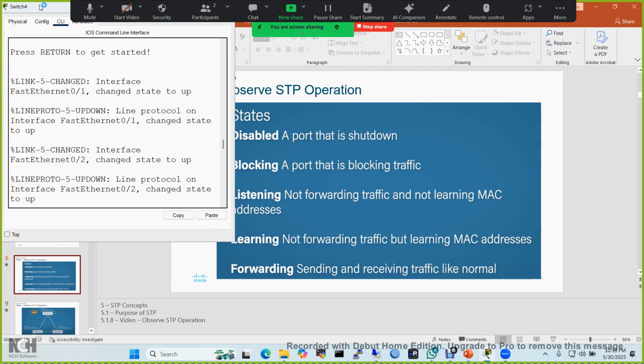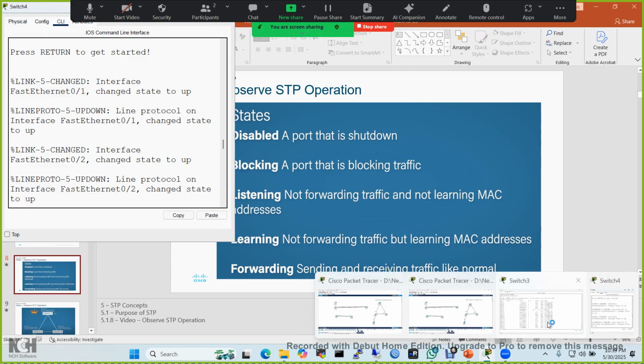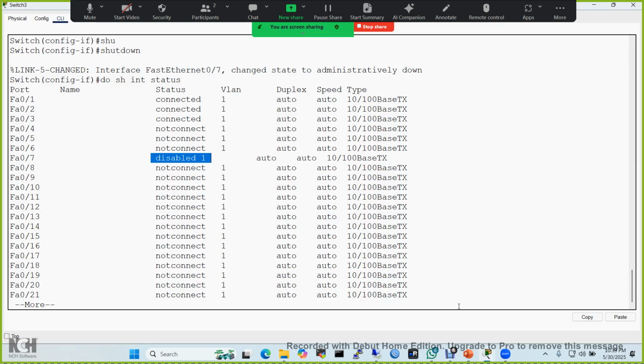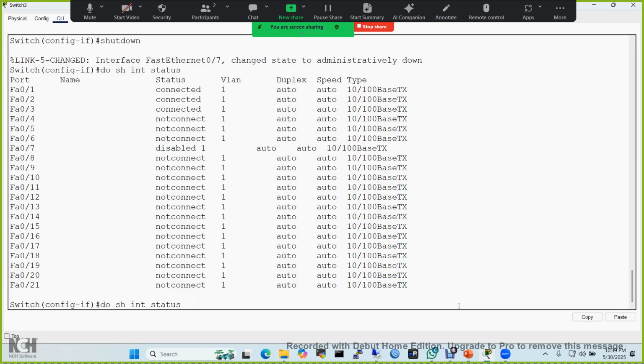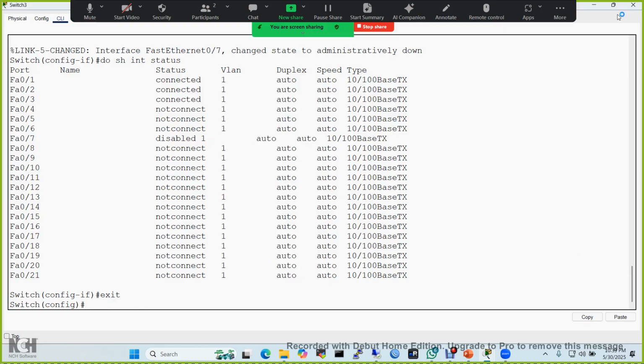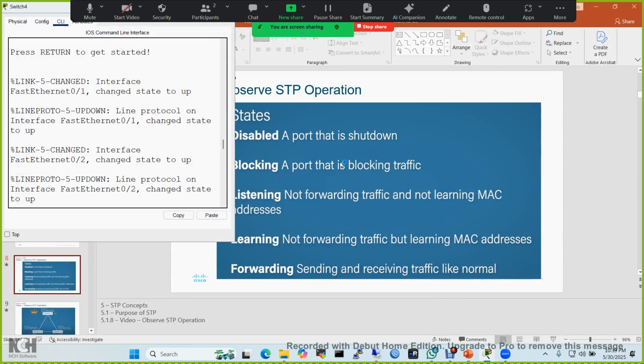Now I am showing you in which switch I am giving this command first.